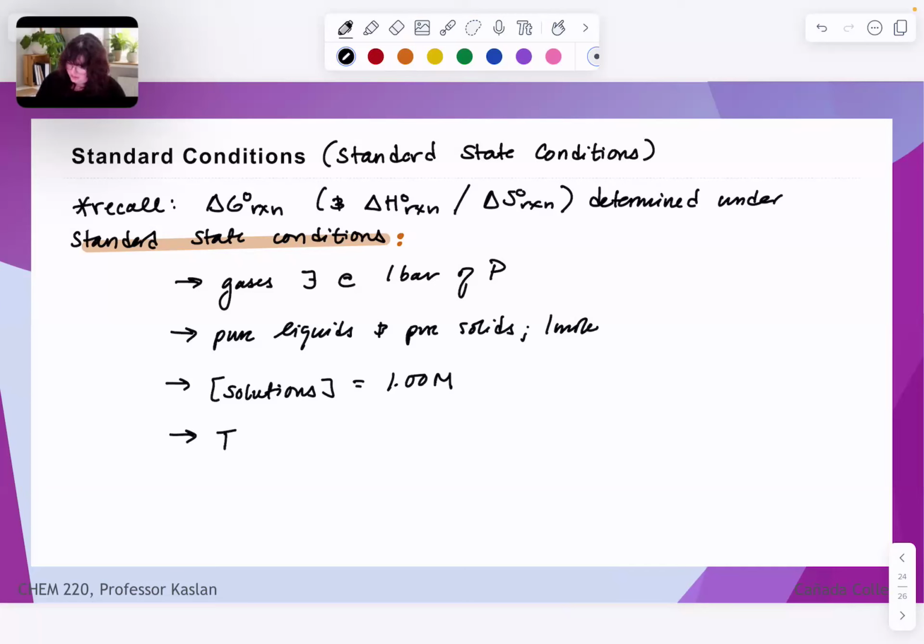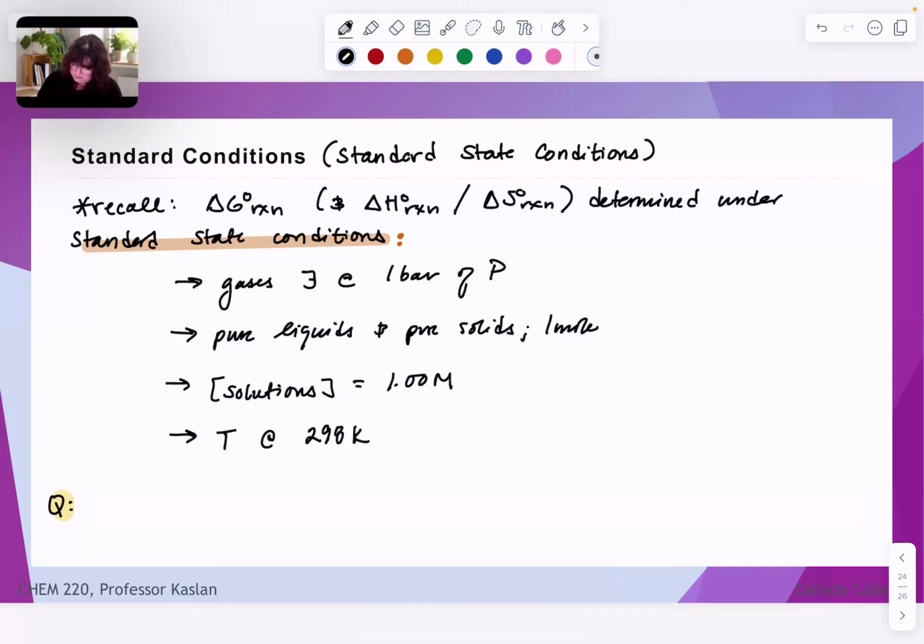And the temperature for standard state condition is 25 degrees or 298 Kelvin. So let's look at how these conditions may or may not be applicable to a system that achieves equilibrium.